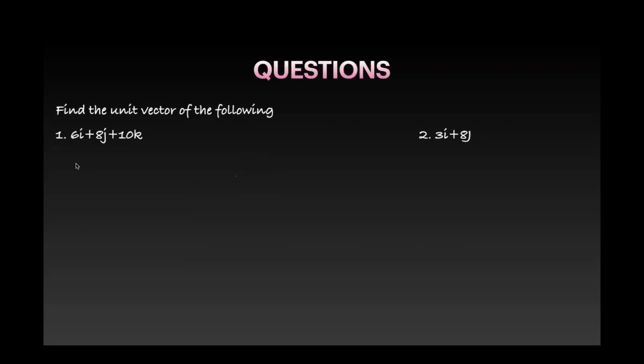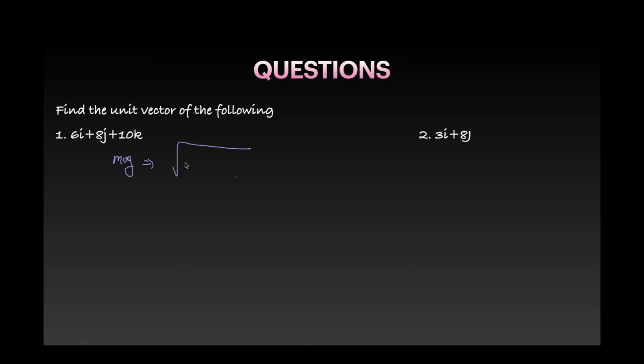Pause the video and try these questions. First question. Here you have 6 i cap plus 8 j cap plus 10 k cap. How do you find the unit vector? First, find its magnitude. All of you should have found out the magnitude by now. What is it?